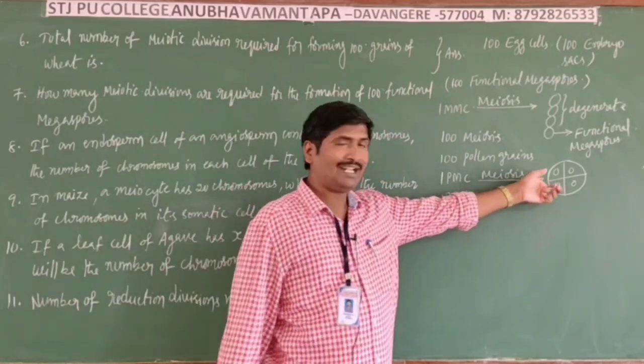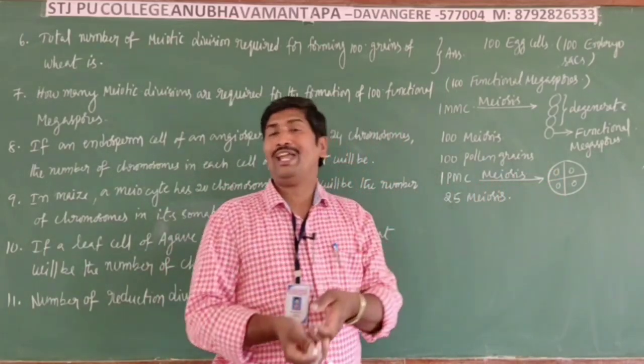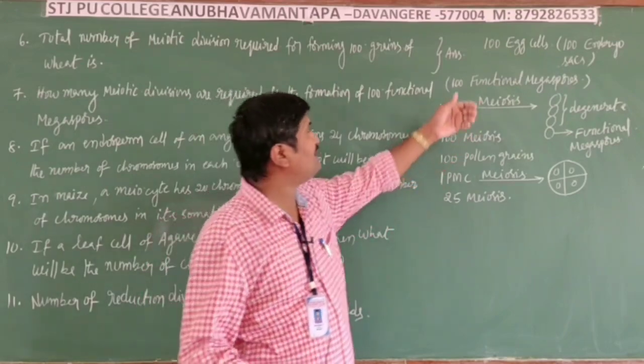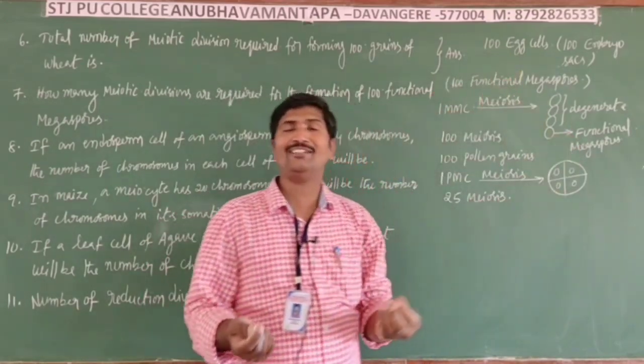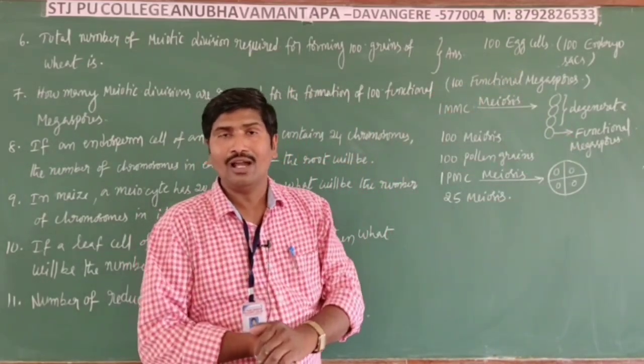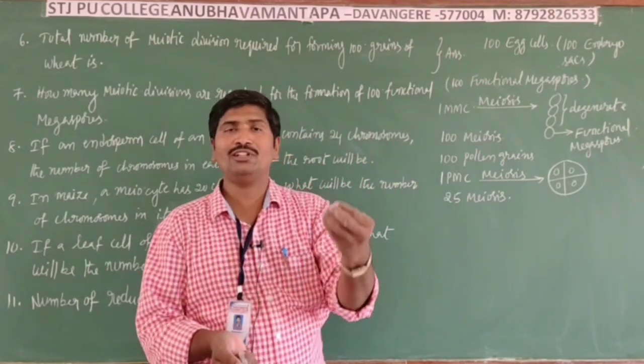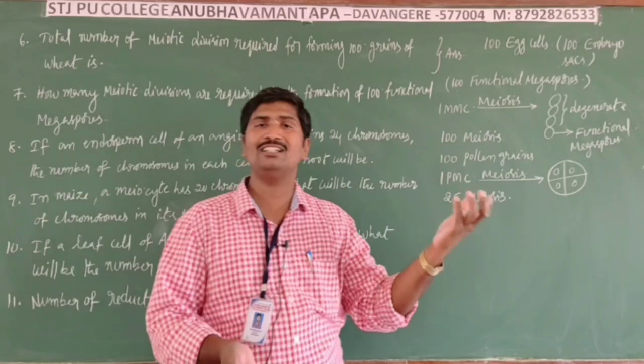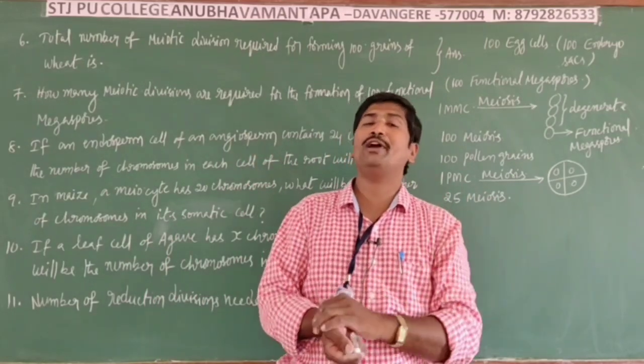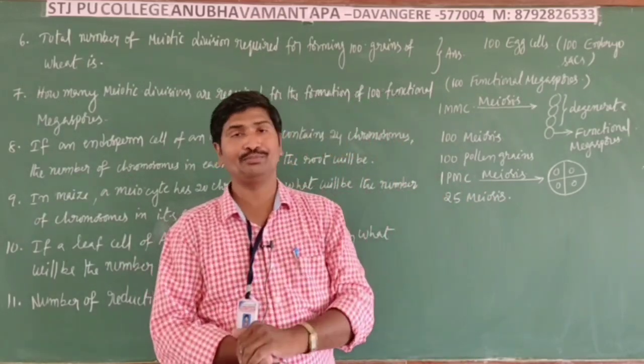And each pollen grain contains 2 male gametes. One male gamete fuses with the egg cell, that is known as syngamy. Another male gamete fuses with the polar nuclei, that is known as triple fusion. As a result of triple fusion, the triploid endosperm is developed.